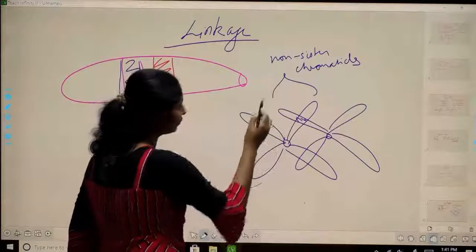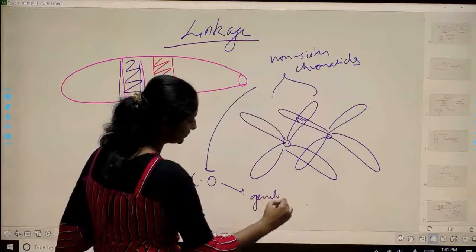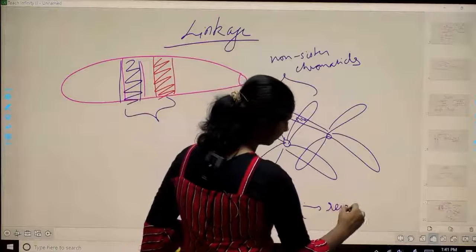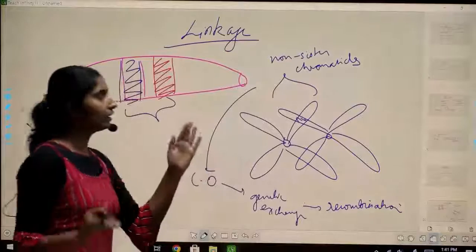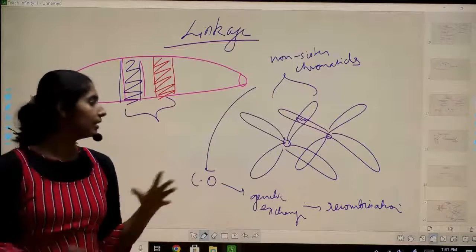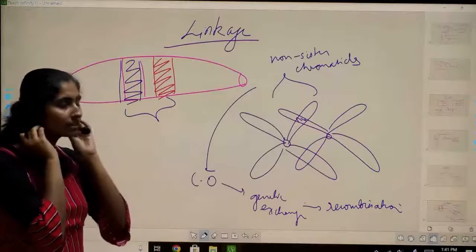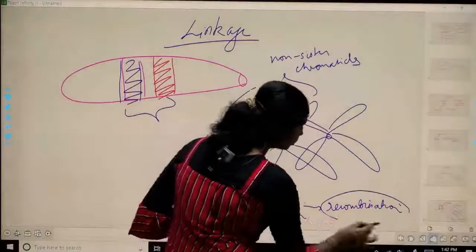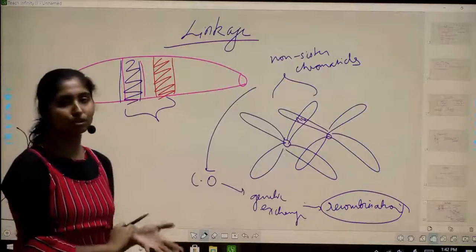And as a result of crossing over, there is genetic exchange leading to recombination. So basically, the two non-sister chromatids that participate in crossing over exchange information, and as a result, recombination takes place. New combinations or new variations are observed within the progeny, within the gametes, because of this crossing over.